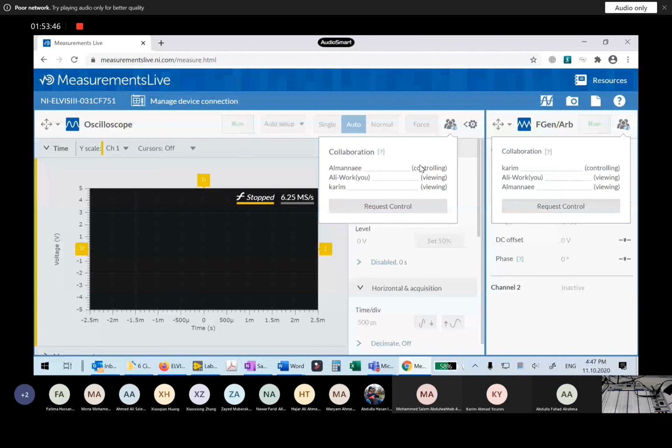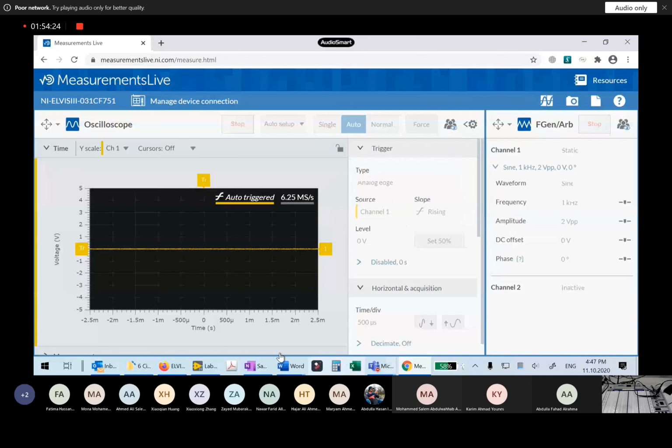This means the rest are viewing. Okay, you get the point? Yes. So Karim, can you run the function generator? And Manai, can you run the scope? Should I keep the numbers the same? Yes. Okay, I hit run. Now the rest can join, but they will be viewing because other users are controlling.